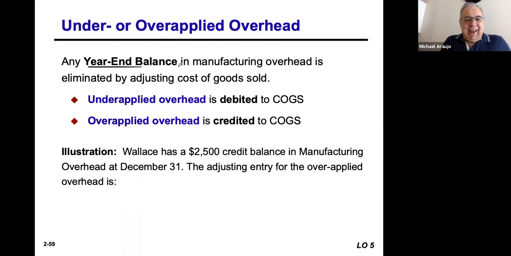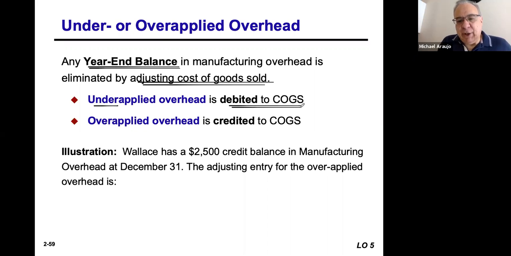So at the year end, we have to make sure that this is all eliminated, okay? And we eliminate the balance by simply adjusting our cost of goods sold, right? So if we under-applied overhead, we debit our cost of goods sold.